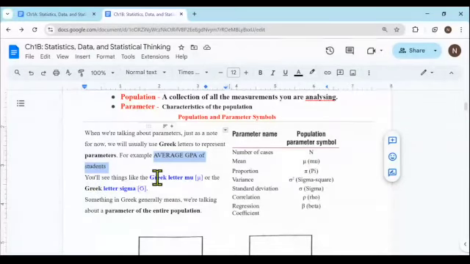You will see Greek letters like mu or sigma. Something in Greek generally means we are talking about parameters of the entire population. Are we going to do calculation with parameters? Most likely no, but there are some examples we're going to use. Why? Because a parameter is related to the population, and it's going to be difficult to play with that.